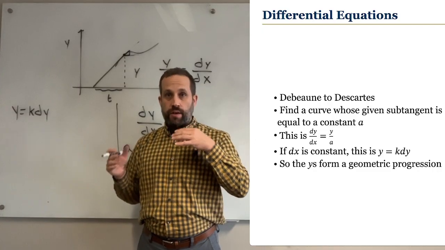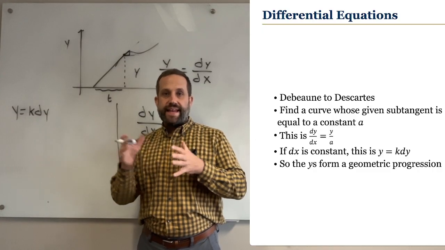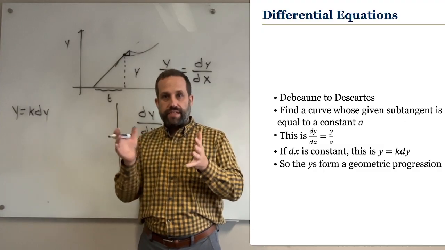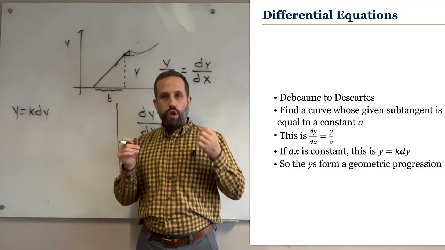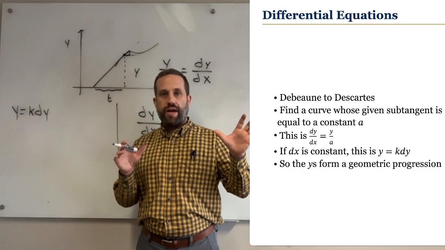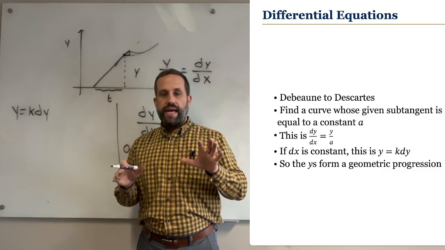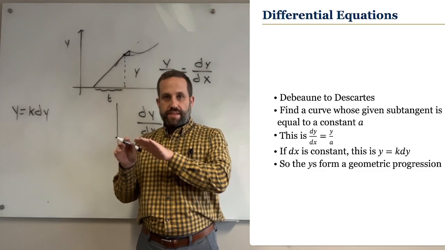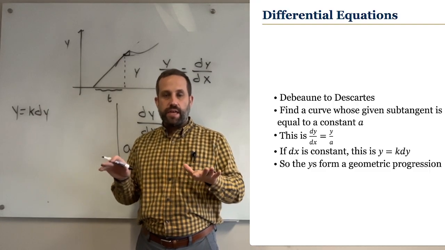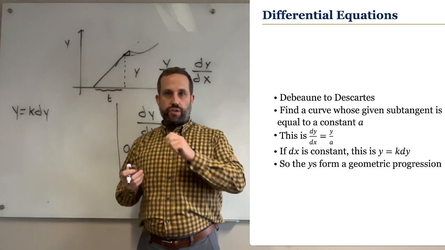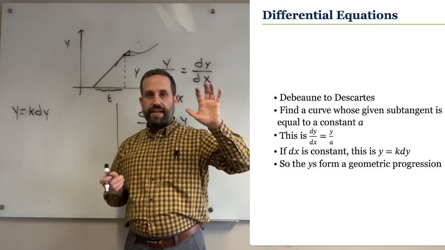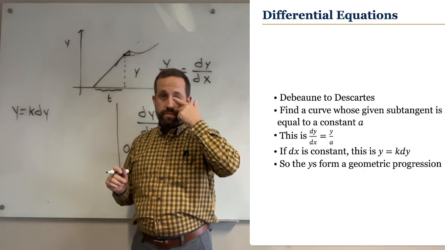Then what he says, and of course he imagines dx going to 0, is that in a case like this, when you have a geometric progression, the steps themselves, that is the x, are in a logarithmic relationship to the outputs, that is in this case the y values.